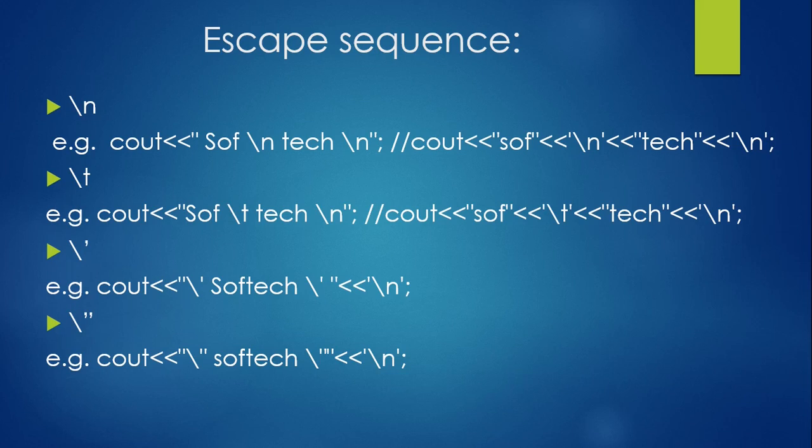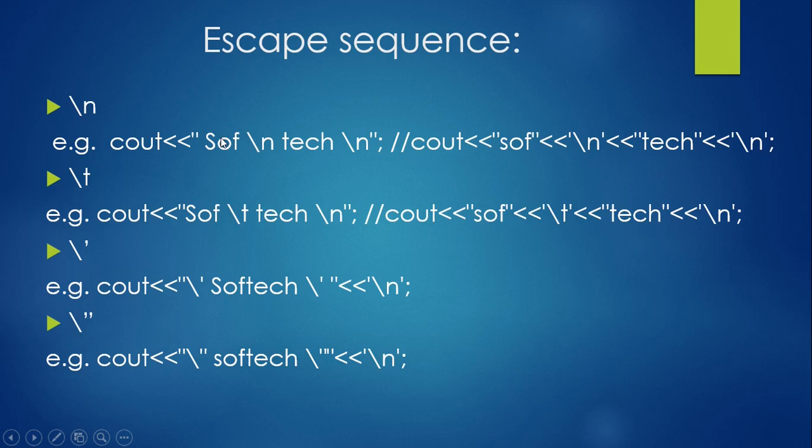As you can see here, we use cout, sof, then \n. What is this \n going to do? It is going to print tech in the next line of our output screen. You can write it like that, or if you want to write \n separately, you can write it like that. These are different writing styles, but they will give the same output.